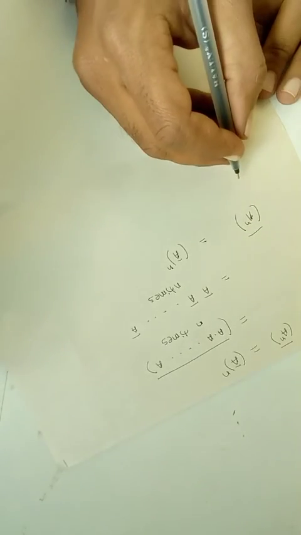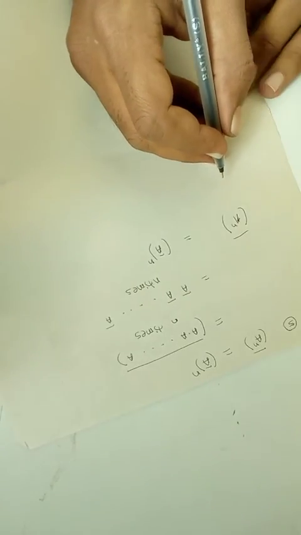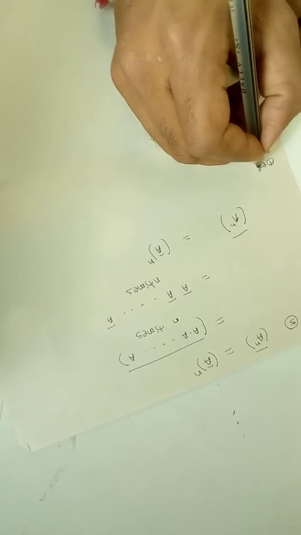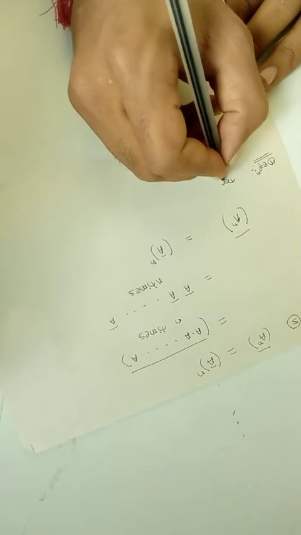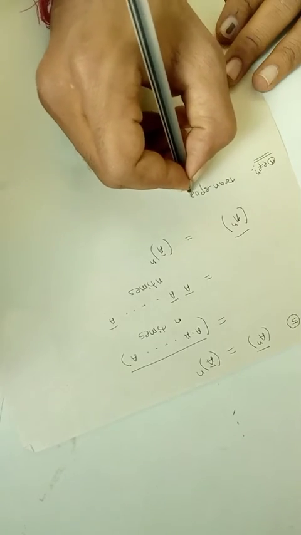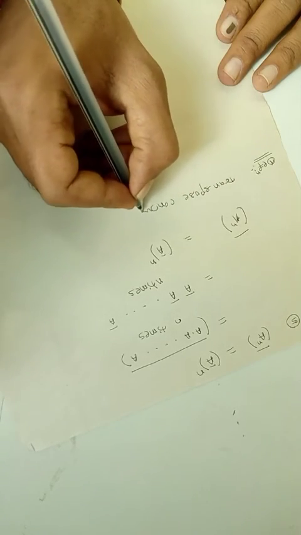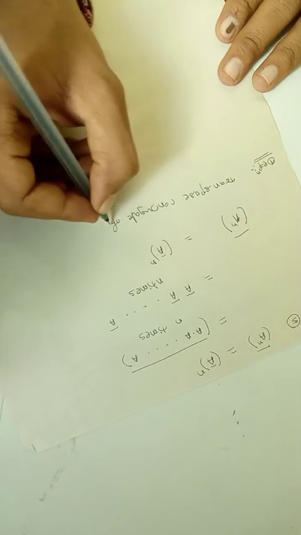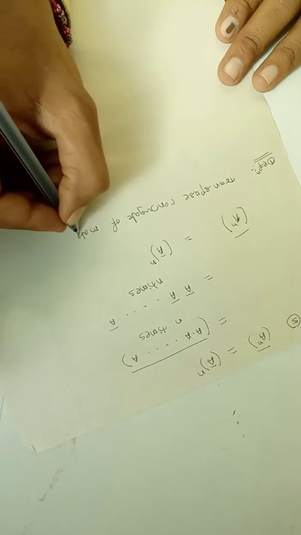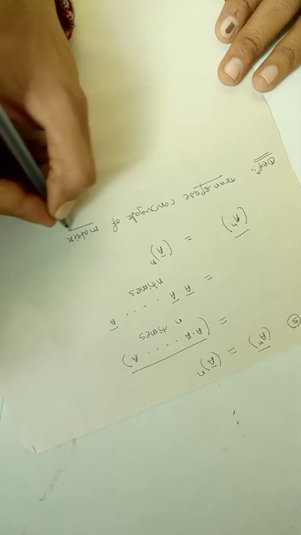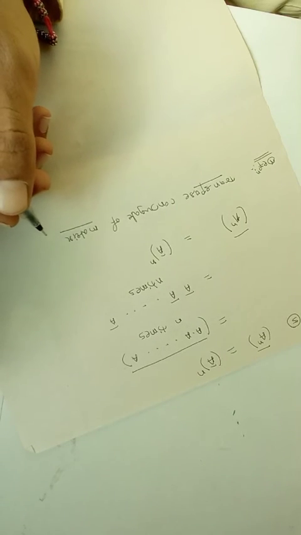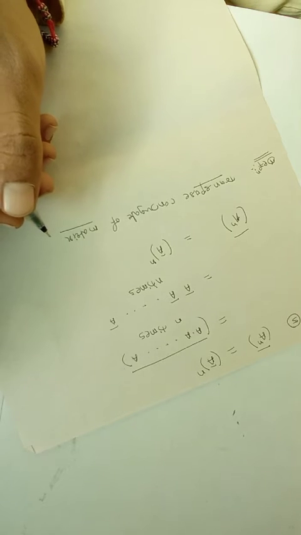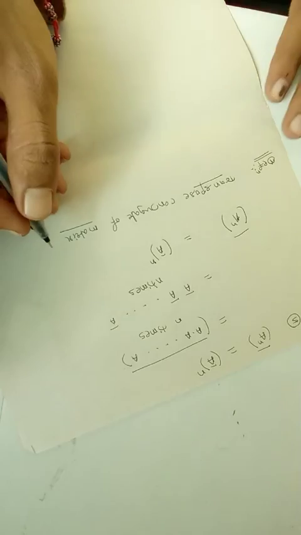Now let us define the transpose conjugate of a matrix. Transpose conjugate means if you have a given matrix A, then take its transpose and take its conjugate, or first take its conjugate and then transpose.